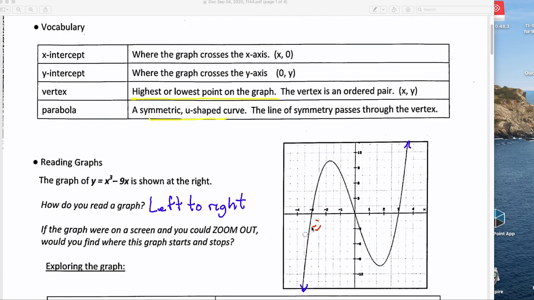So the highest value I have in this graph for a maximum is right here.